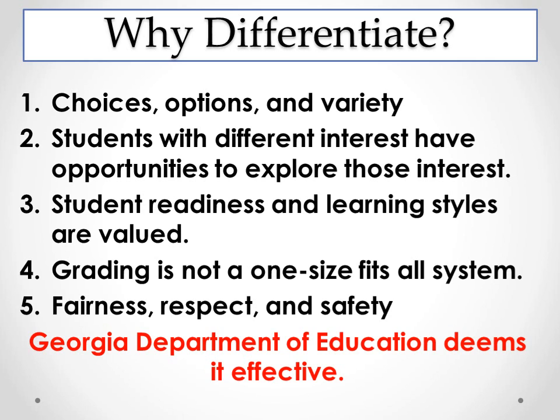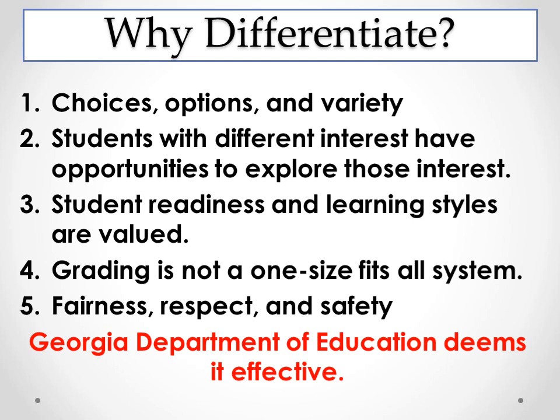So why differentiate? With this approach, number one, students are given choices, options, and a variety of instructional strategies to help them learn. Research advises that a variety of classroom strategies enhances students' motivation and decreases discipline problems.